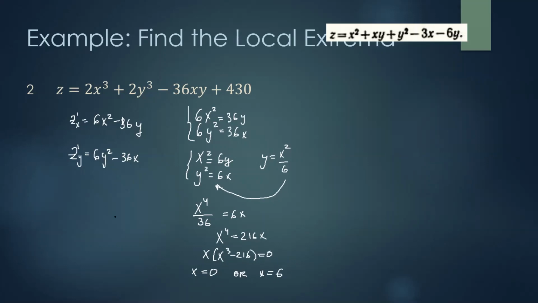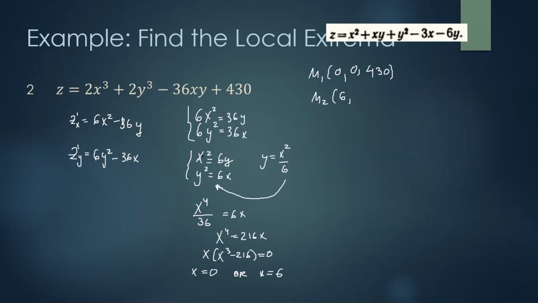So we have two critical points. We have point M1 where x is 0. In that case, we see that y is also 0. And if x is 0 and y is 0, then z is 430. And the second critical point: if x is 6, then we see that y is also 6, because both of them have to be positive.